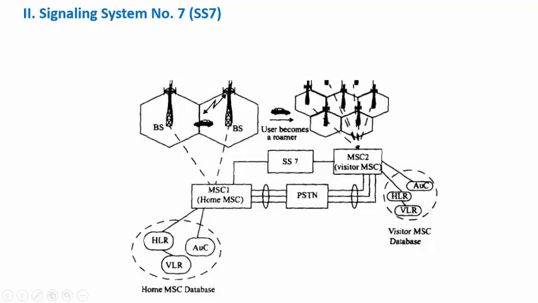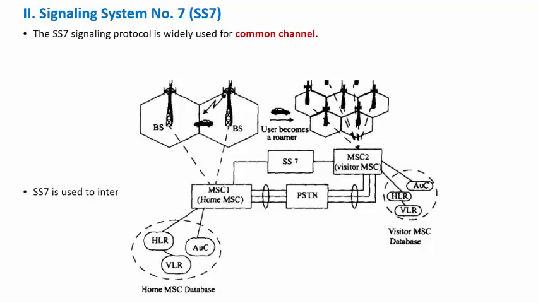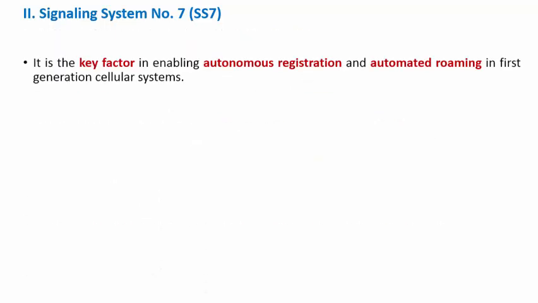In this way, in mobile cellular network, the SS7 plays an important role during handoff procedures, where the mobile switching centers communicate with each other to provide the service to the user. So the SS7 signaling protocol is widely used for common channel signaling. SS7 is used to interconnect most of the cellular mobile switching centers.